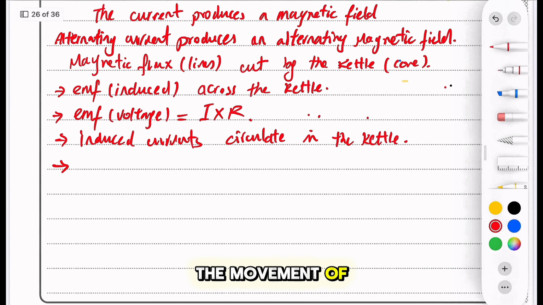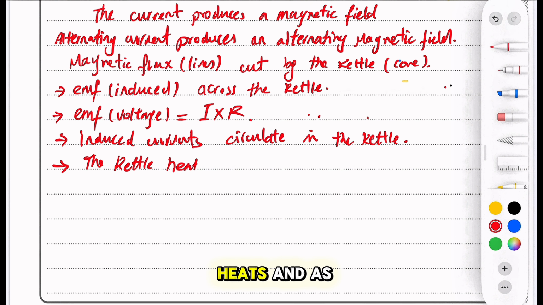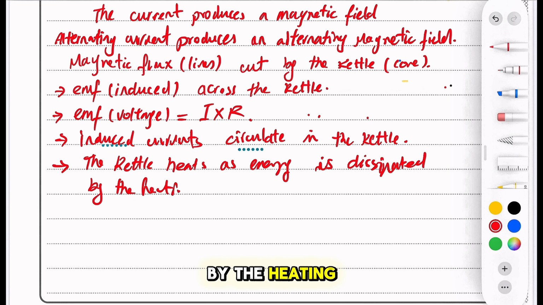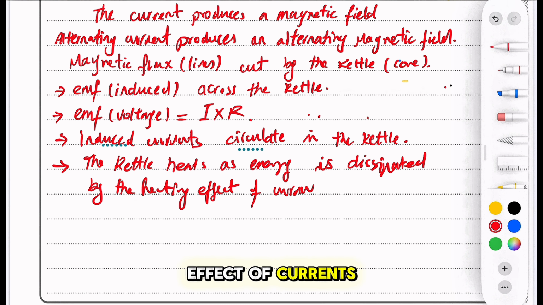The movement of the electrons can increase the temperature of the kettle. The kettle now heats as energy is dissipated by the heating effect of currents.